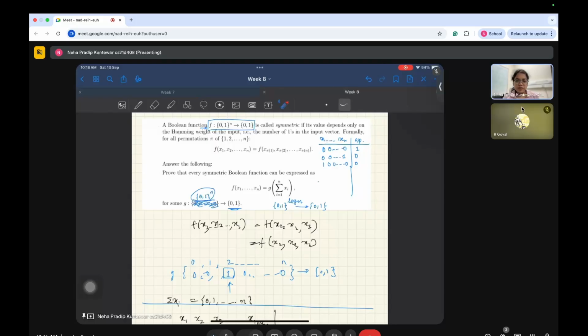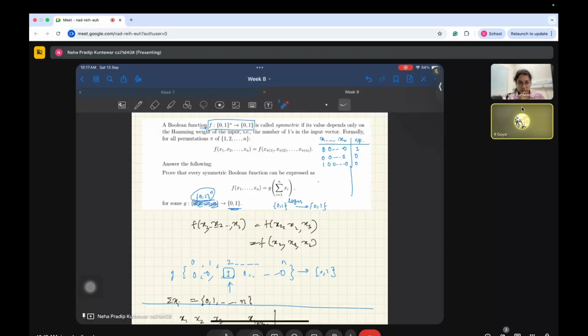I mean that would be one way to see that, but the main point is that it's a very special kind of function. For example, if I give you a function over n bits, any Boolean function, we may not always be able to write it as a function over a smaller number of bits.